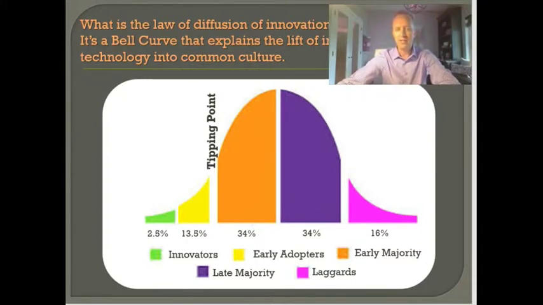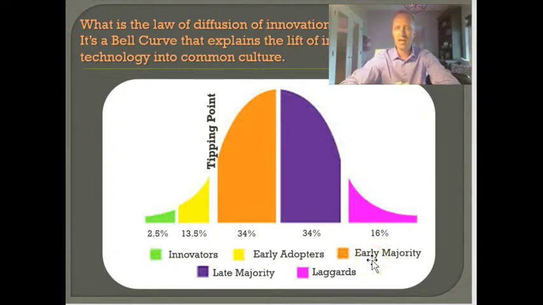The development of that innovation starts off with innovators, the earliest segment of adopters, who are innovative in their manner of adopting that technology. Then if it can move through the innovators, it moves into early adopters, who are still forward thinking. If it can get through these first 2 categories, it crosses over what's called the tipping point and spreads into an absolutely enormous segment of the consumer population, the early majority.